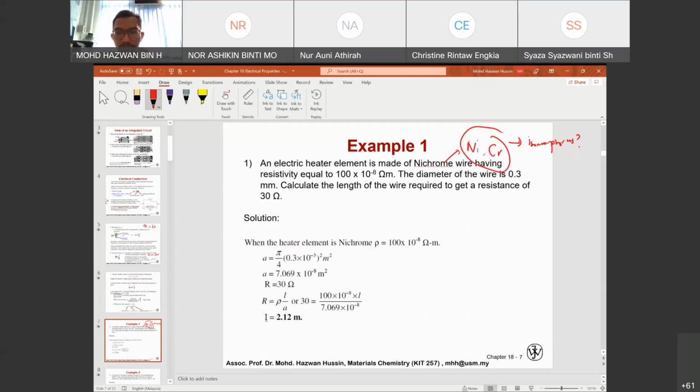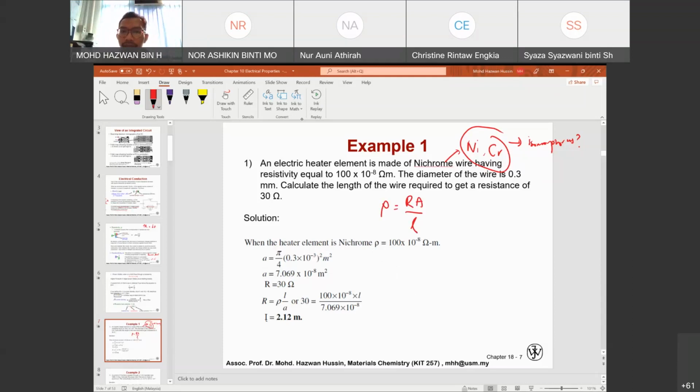So from here, we know that the resistivity, rho, equals 100 times 10 power of minus 8. We also know that rho equals RA over L, isn't it?